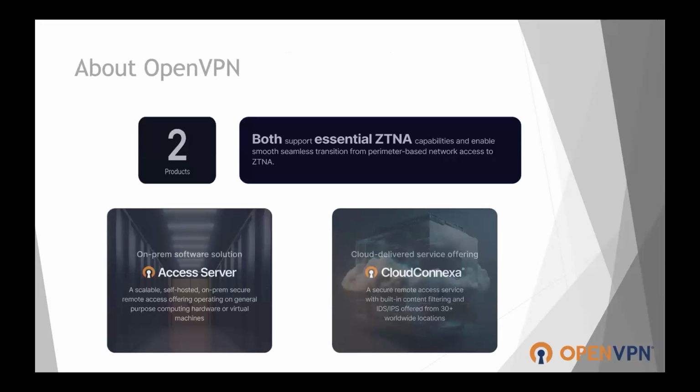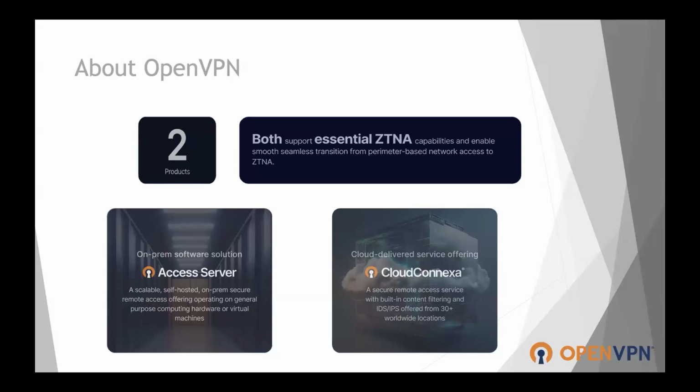So most of you probably know OpenVPN from our heritage and open source. We started as an open source project with the OpenVPN protocol and the software that implements it.